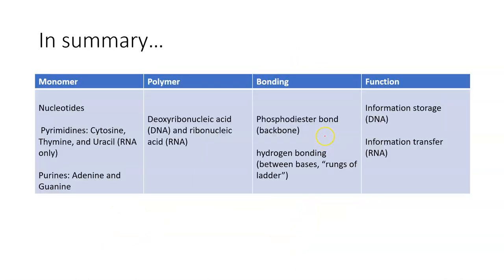Okay, so let's do a little summary here. In summary, we are talking about nucleic acids. The monomer for nucleic acids are known as nucleotides. We have pyrimidines, which are cytosine, thymine, and uracil. Uracil is found in RNA only, right?